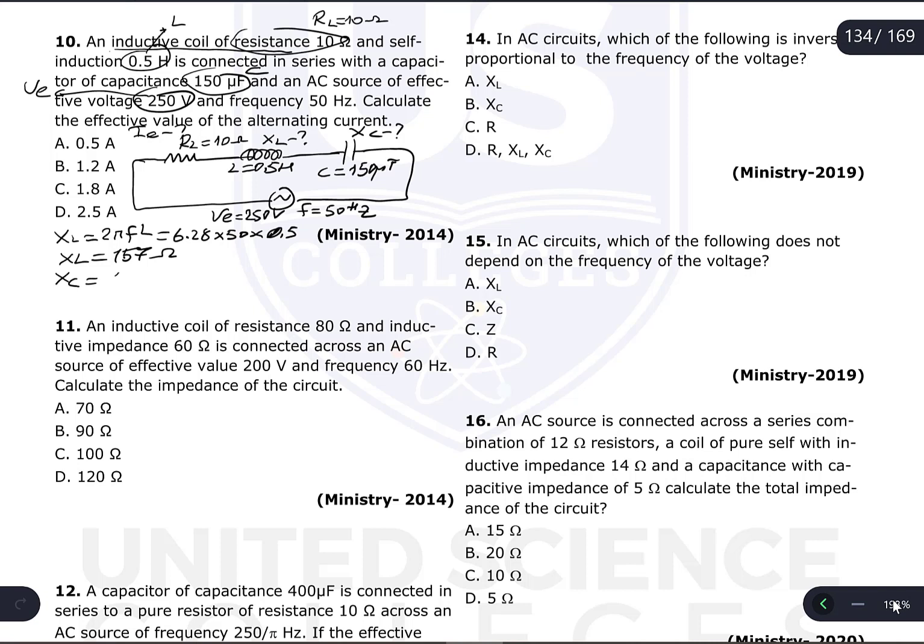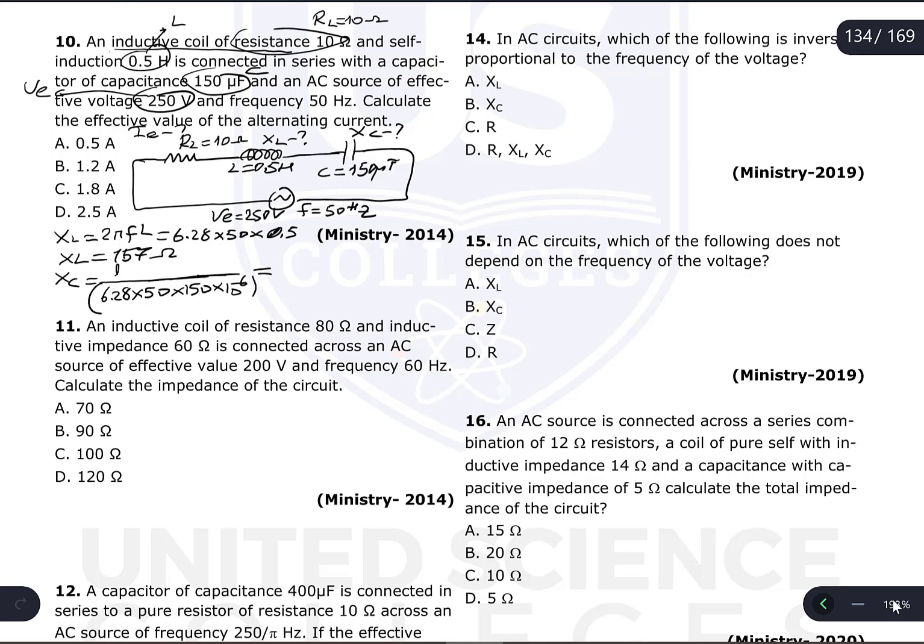Let's calculate XC. XC is equal to 1 over 2 pi FC. 2 pi is 6.28. F is 50. C is given as 150 microfarad, but 150 microfarad must be converted to farad by multiplying 10 to the power of negative 6.